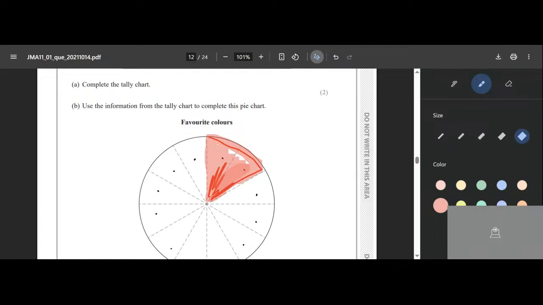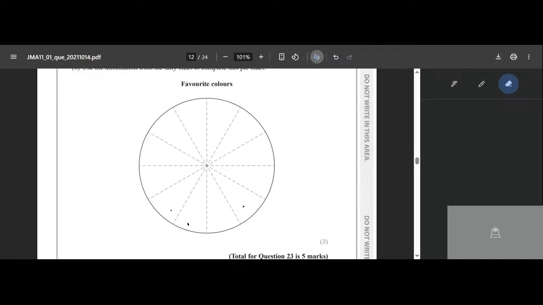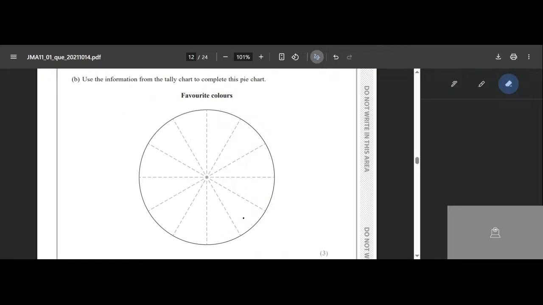It's not a must that you use exact colors. You can just use a blue color, and then after using the blue color, you can just decide to use a black color, because you're only having a black pen at this point.